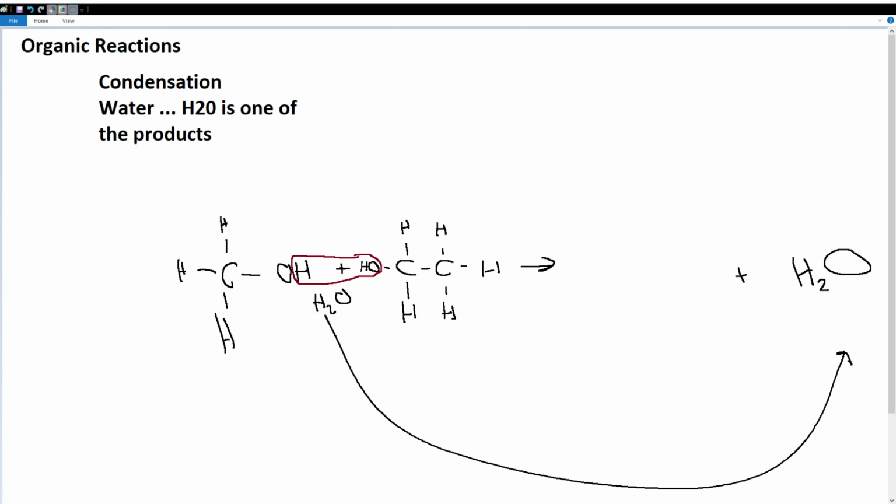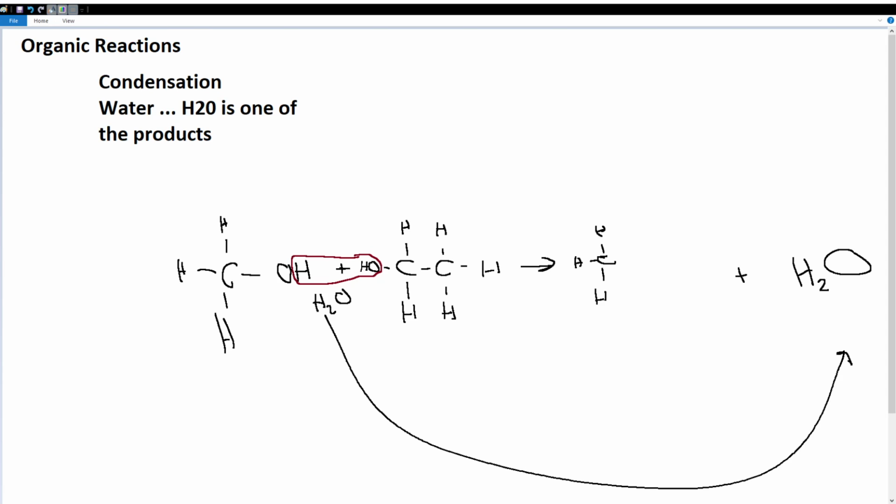And the other one could just simply be you combining these 2 hydrocarbons. So you would just remove those 2 hydrogens and that oxygen and just put together the other 2 organic compounds.